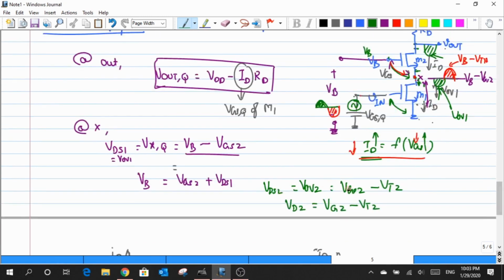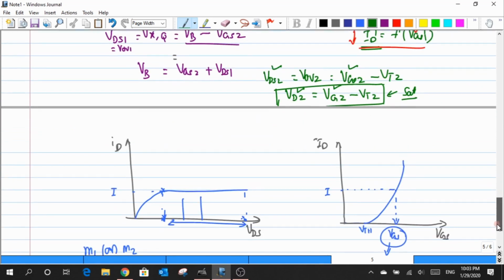Since the source is common to both the VDS and the VGS, one could cancel out both these terms. This is the relation that I have to satisfy between the drain of M2 and the gate of M2 such that I am still at the edge of saturation. With that definition, let us begin.